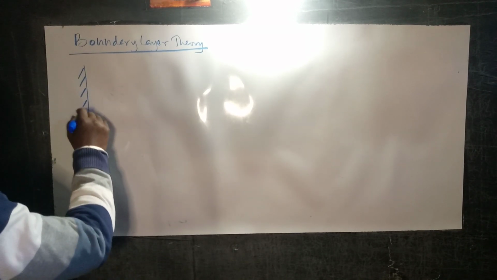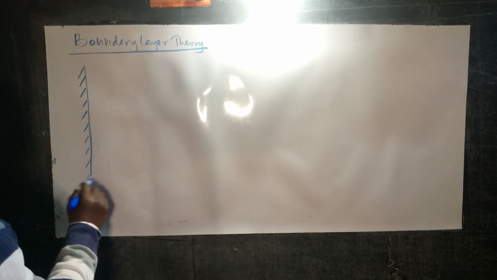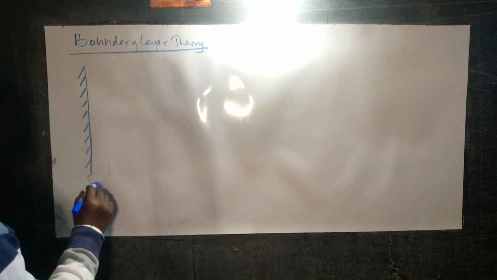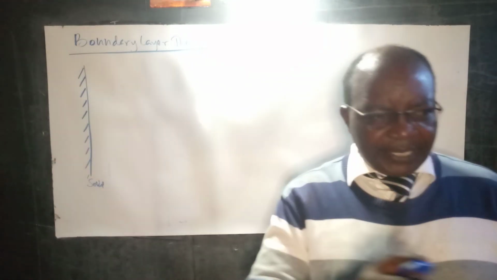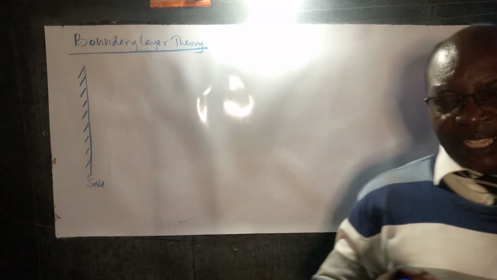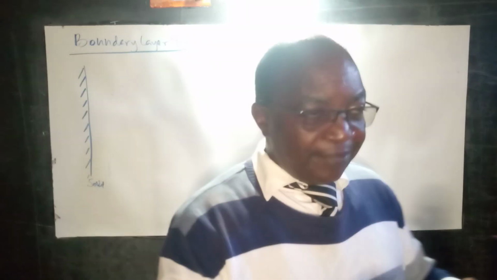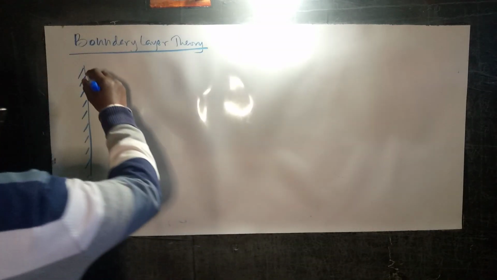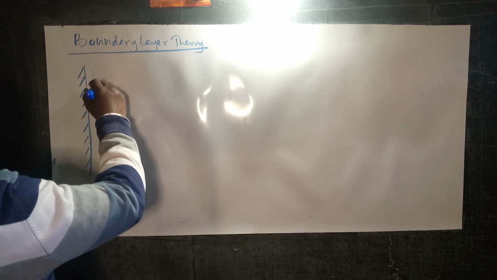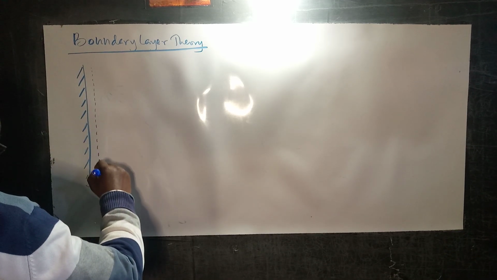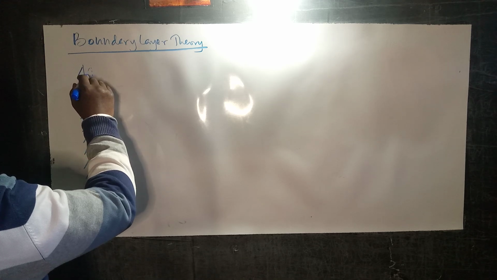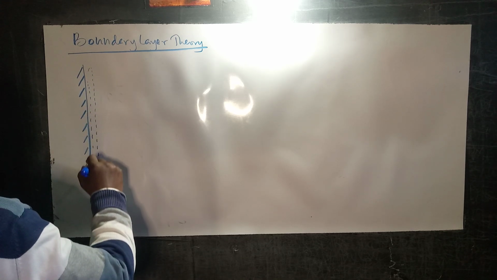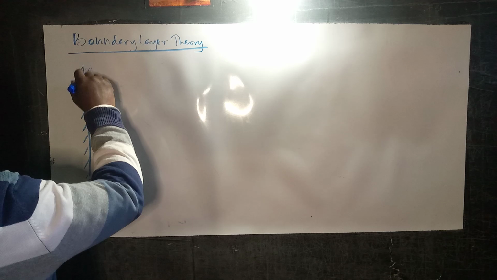Say that you have the solid boundary, and we are thinking of some fluid which is adhering to the surface of this solid, so that there's kind of a stagnant layer of fluid next to it. Let's call it a stagnant layer.